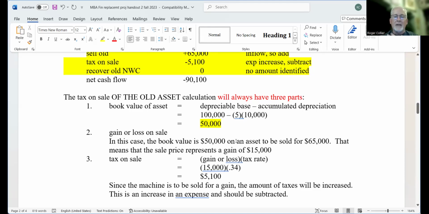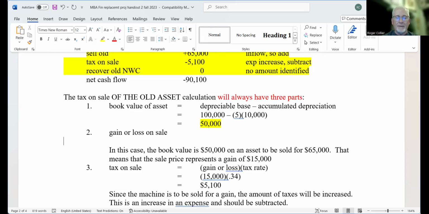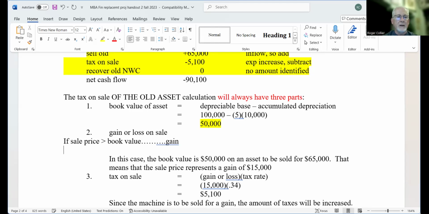All right, is it a gain or a loss? Well, it's worth writing, I think, that if the sale price is greater than the book value, it is a gain. On the other hand, if the sale price is less than the book value, it is a loss.